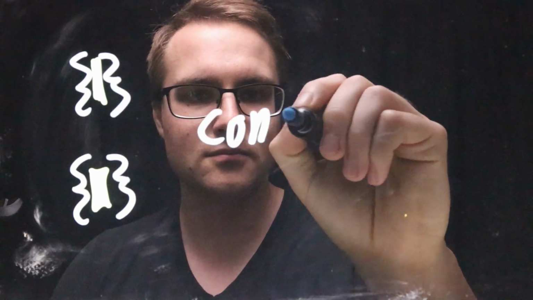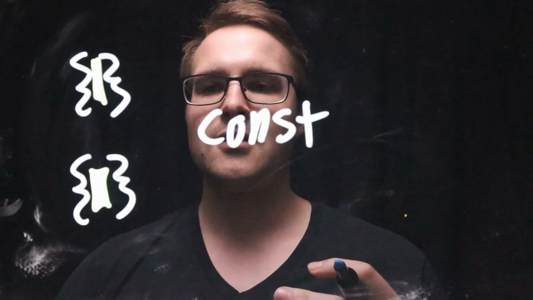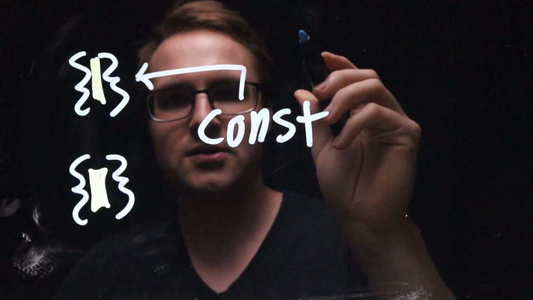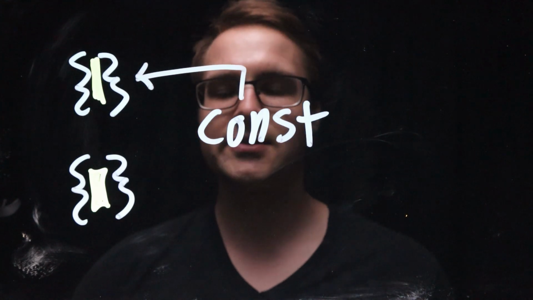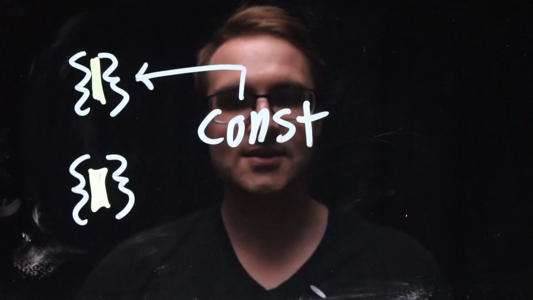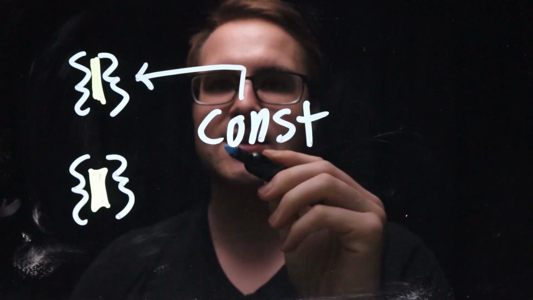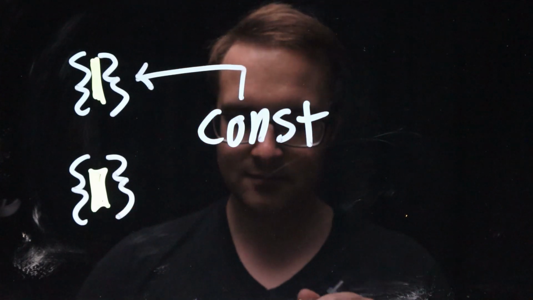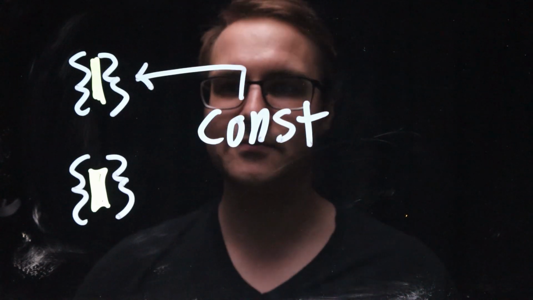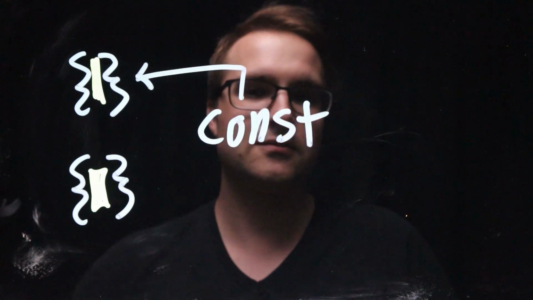And the const variable can only point to one of the outer crusts, ever. It cannot be reassigned to this object, ever. You can only change what's inside in that green area. All right?